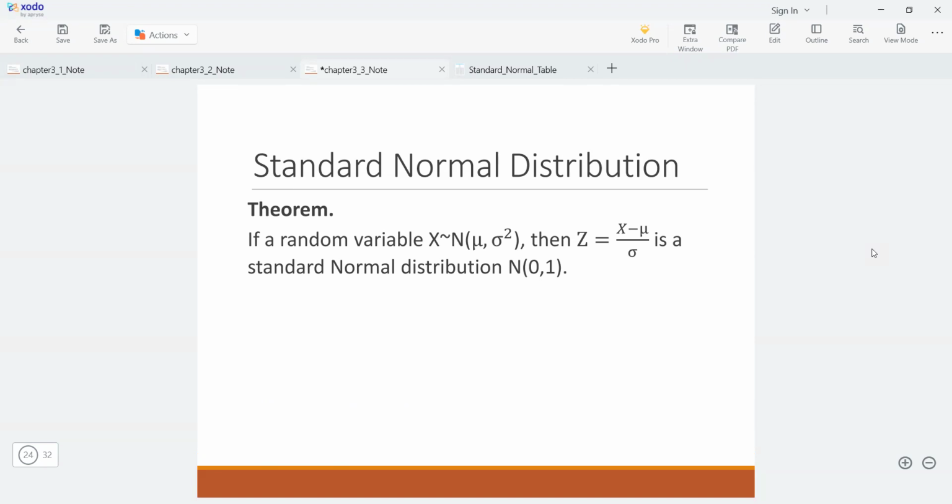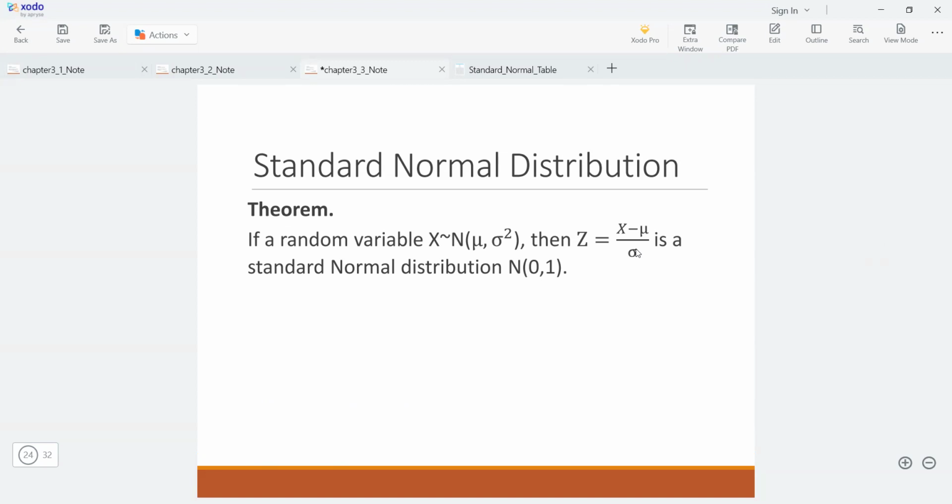In our previous video, we already introduced this theorem: when a random variable follows a general normal distribution with mu as mean and sigma squared as variance, then after the transformation of X minus the mean divided by the standard deviation sigma, this new random variable follows a standard normal distribution.